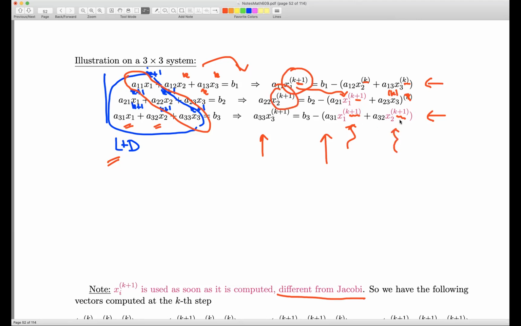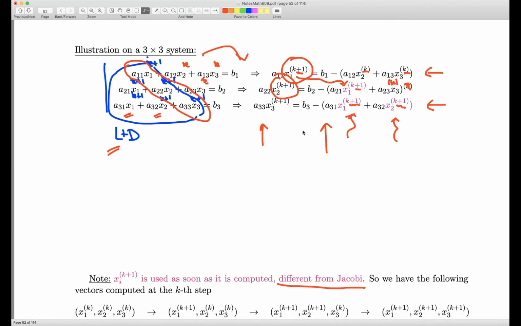In Jacobi, we use the old versions of x1 and x2, the versions from the vector k. In Gauss-Seidel, we use the new versions of the first and the second coordinate. So as long as we have a better computed version of the first and second coordinate, we use them.